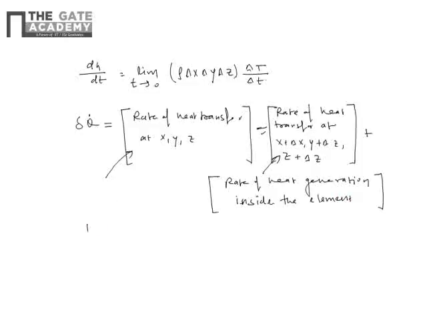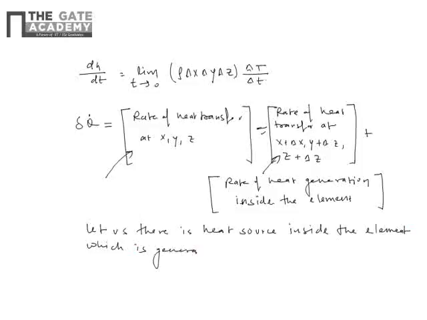Let us say there is a heat source inside the element which is generating E dot gen amount of energy or heat, joule per meter cube second.